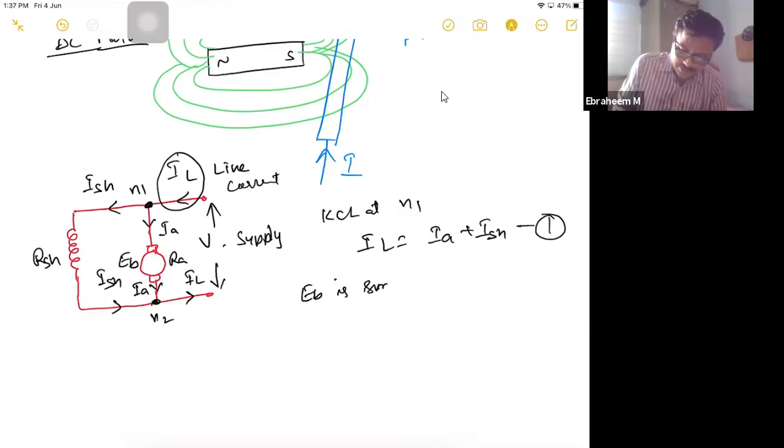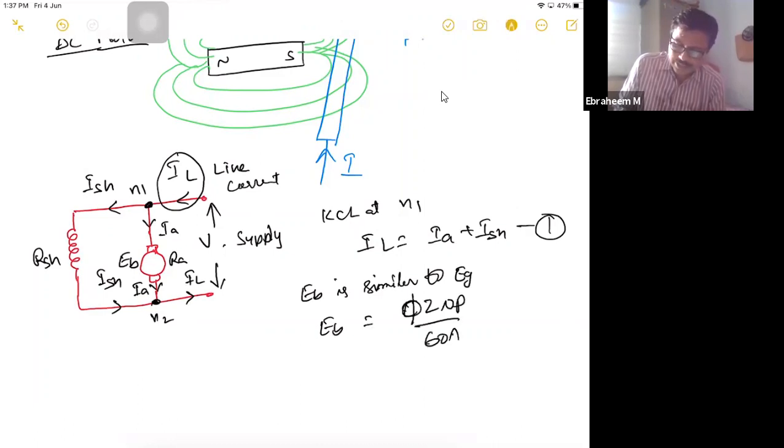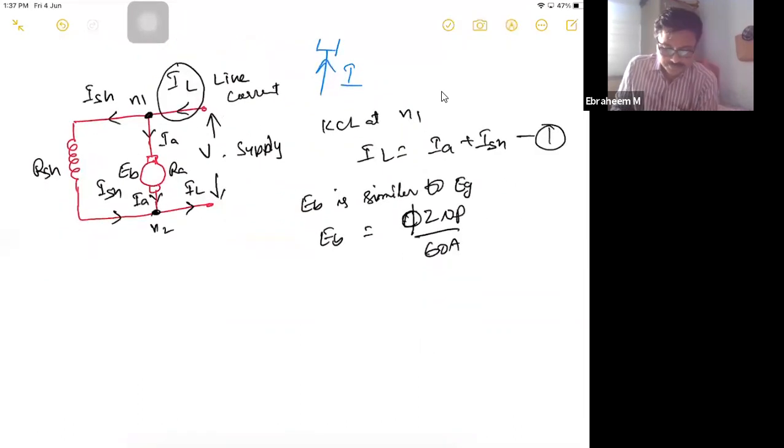EB is similar to EG. So EB is also equal to ΦZNP by 60A. Okay, right? So there will be induced EMF in the armature, whether it is a motor or generator, right?